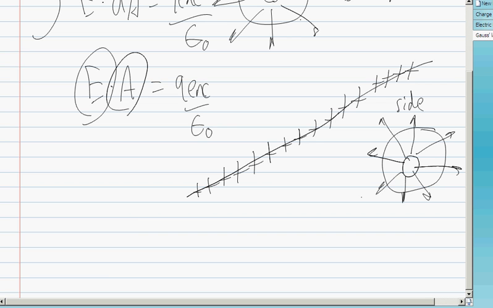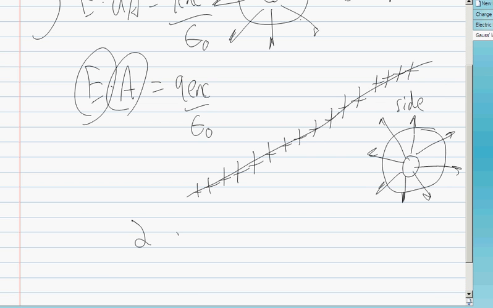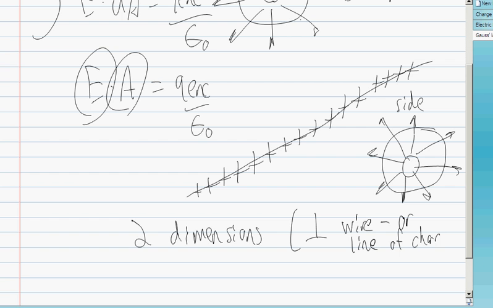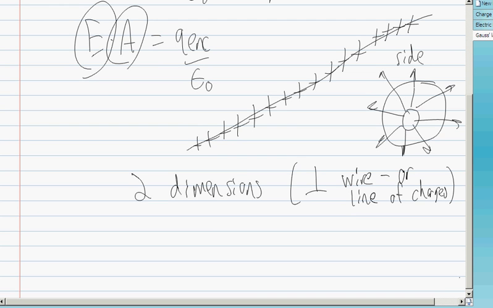In other words, in the two dimensions perpendicular to the wire or to the line of charge, E is going to be proportional to 1 over R, or something like that. In other words, it's going to get smaller as you go away.